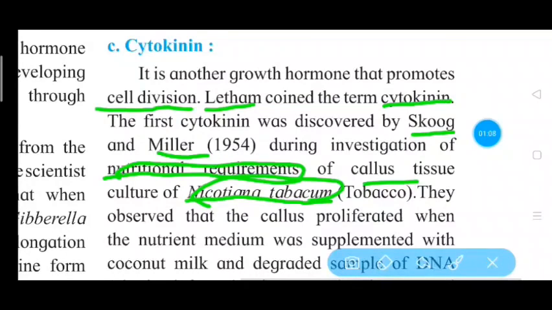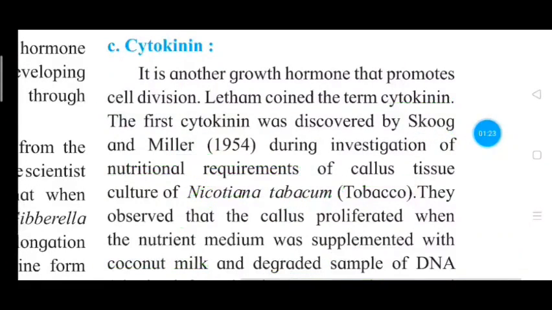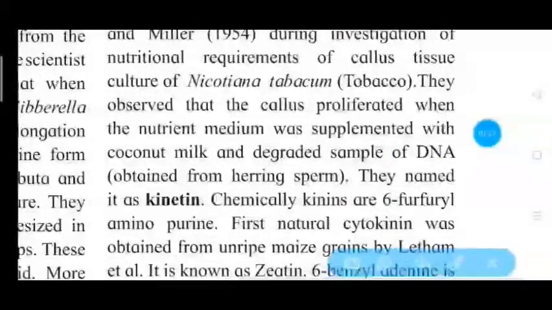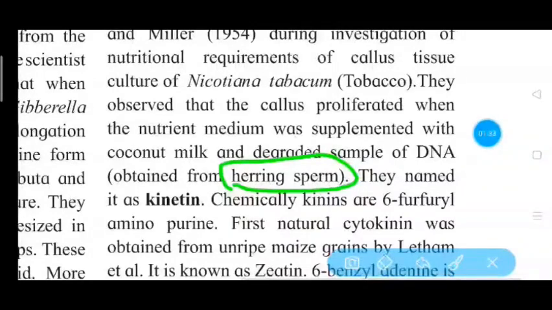At that time, they observed that the callus proliferated when the nutritional medium was supplemented with coconut milk and a degraded sample of DNA. Whose DNA was that? It was obtained from herring sperm.